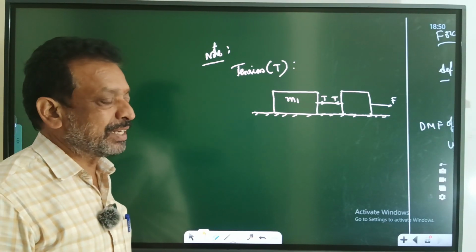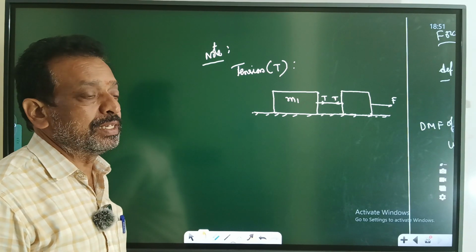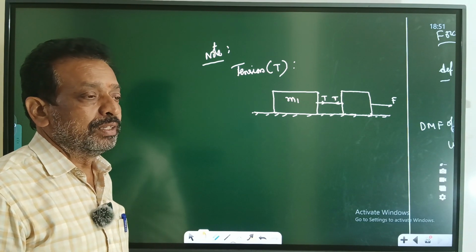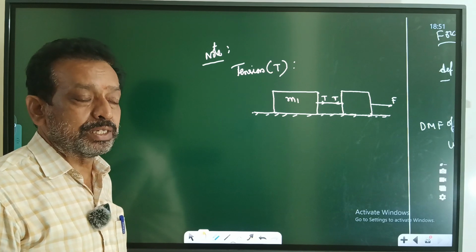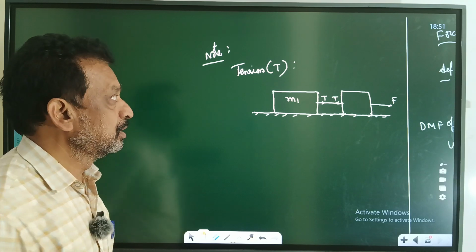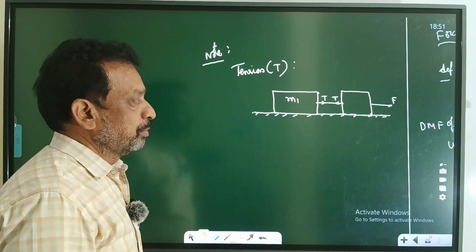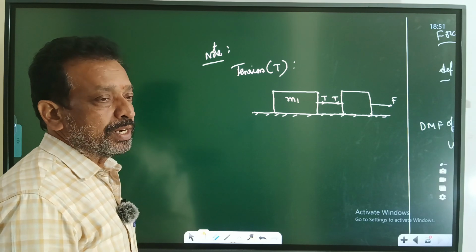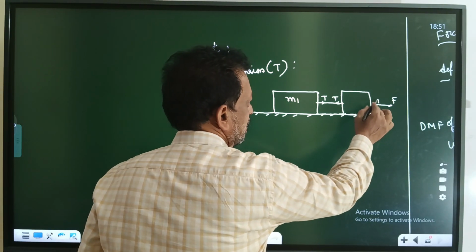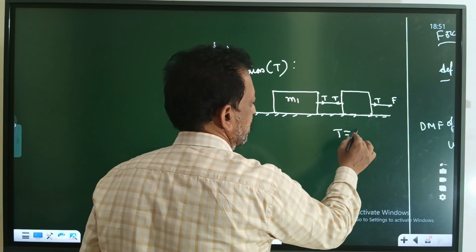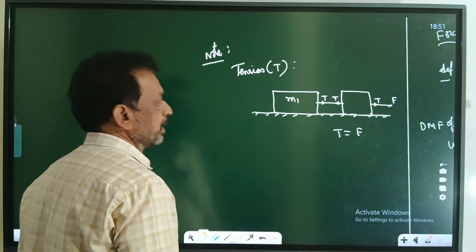Tension and force have the same units and same dimensions, so here also T is equal to F.